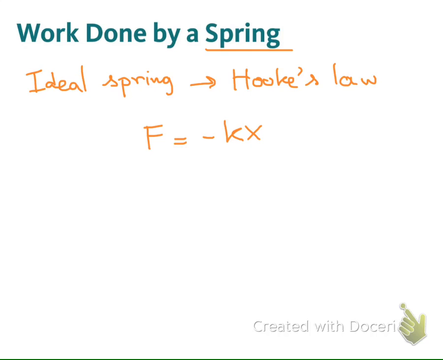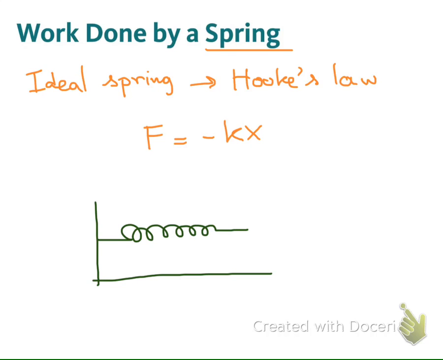It means that if you have an ideal spring and you attach an object to the spring, and you, for example, pull this object away from the equilibrium point, which we put as the origin of our coordinate system here.